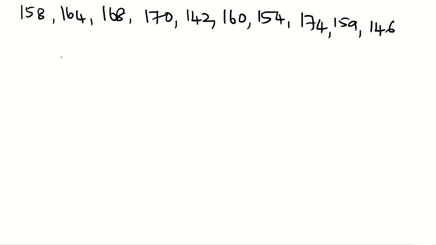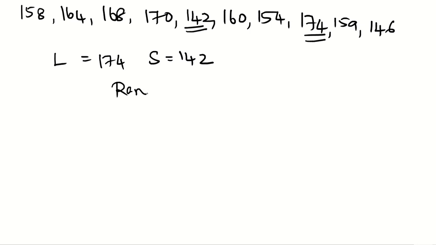This is raw data. So the largest value is 174 and the smallest value is 142. So the range is equal to L minus S, which is 174 minus 142, equal to 32.